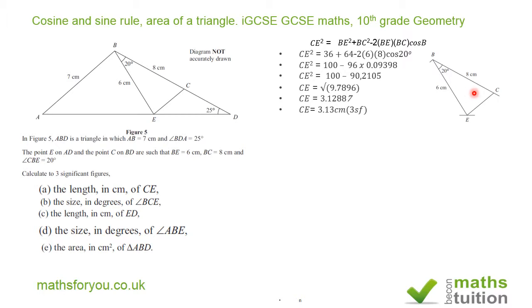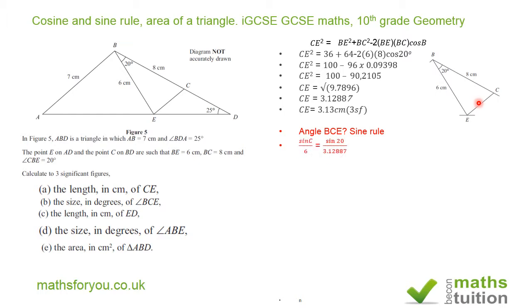Now for part B, we're still with this triangle. For B, we want to find the angle BCE, so we want to find this angle here. Because we're looking for this angle C, we know the length of this side BE, and we just found the length of CE, and we know the angle opposite CE, and that's 20 degrees.